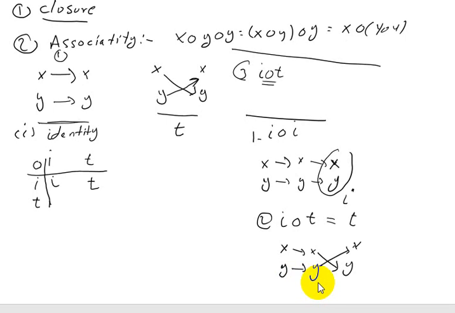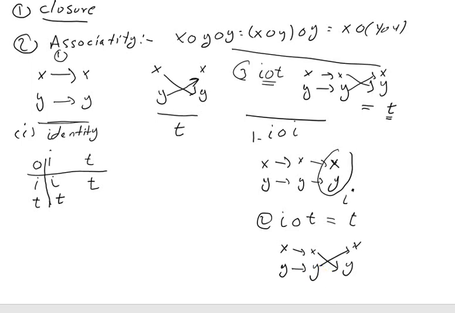This is T composition for I. X, Y to X, Y is identity. Then composition for T to X, Y. The answer is T. T composition for I is T.